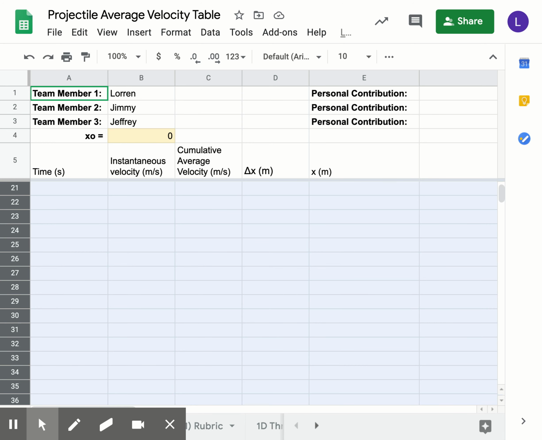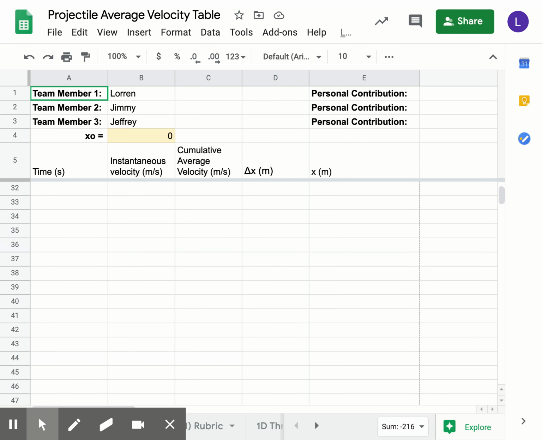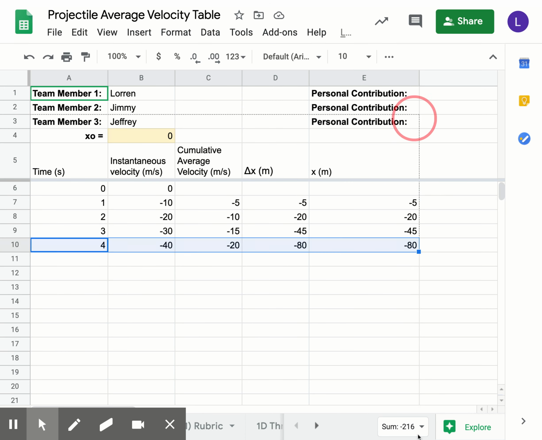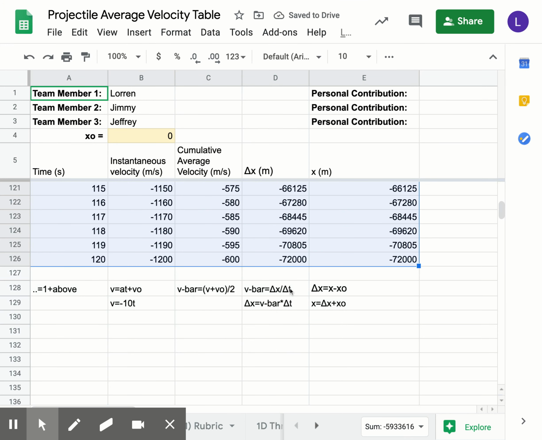Let's fill these formulas down. And lo and behold, we get 120, and there are formulas that they relate to.